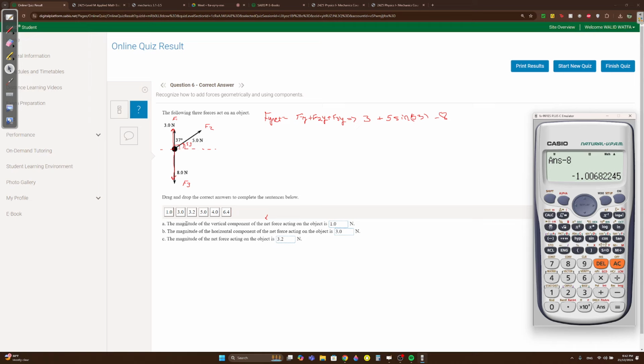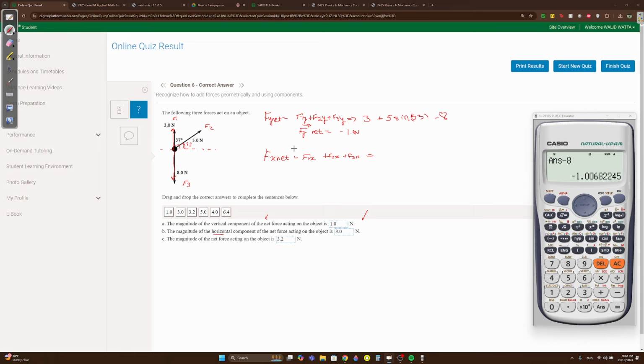They said magnitude, so you keep it positive. So Fy net is equal to minus 1.0 newton. In magnitude, it's 1.0.